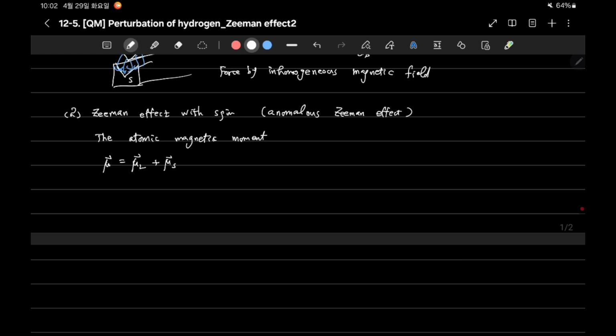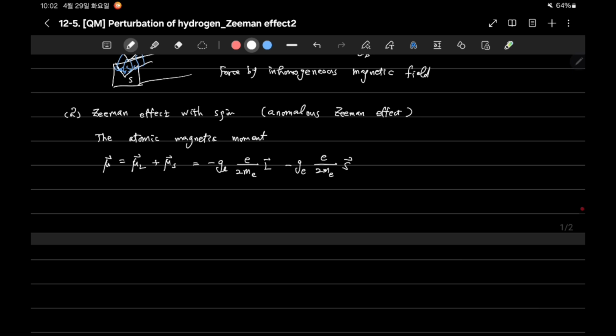We should consider the spin magnetic moment, and the orbital magnetic moment is written as g_L times minus e over 2 m_e times the orbital quantum number. In the spin case, the minus sign originates from the electron, and it is e over 2 m_e times spin.